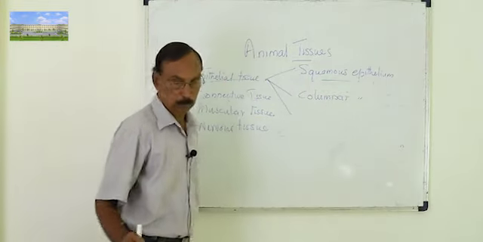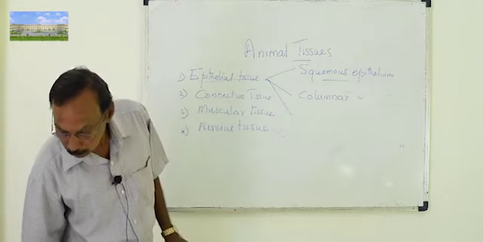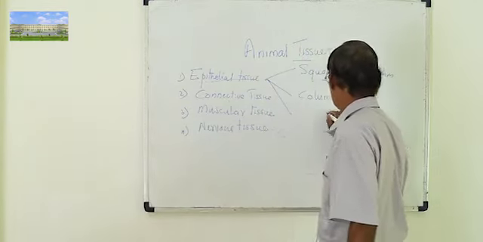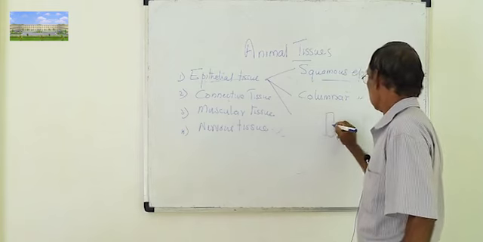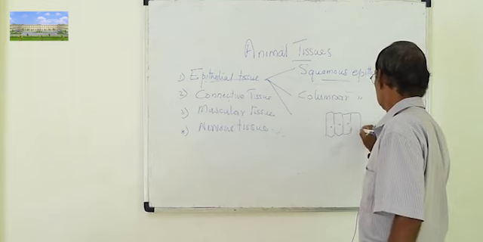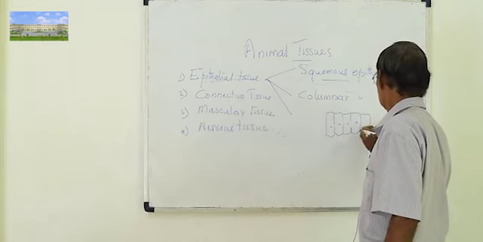Next one is columnar epithelium. Actually they are made up of long cells, pillar-like cells. You can see longer, pillar-like cells are there.